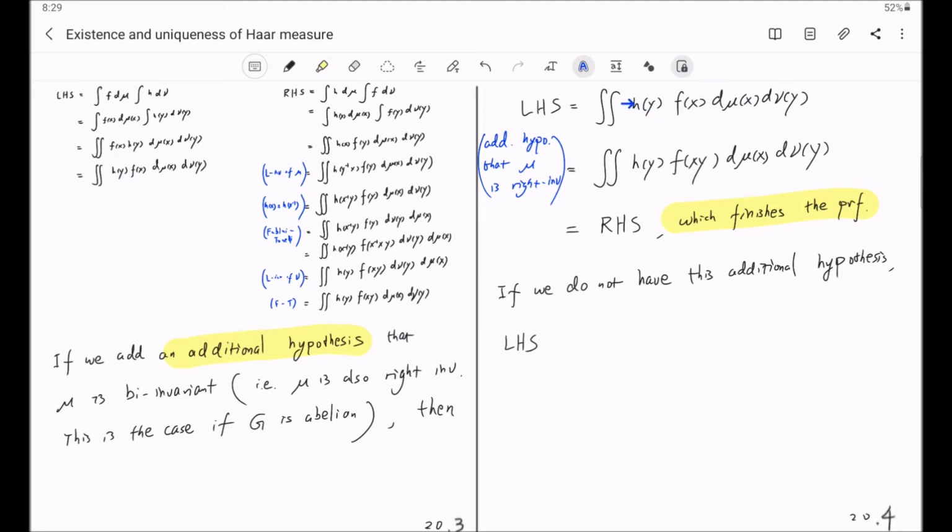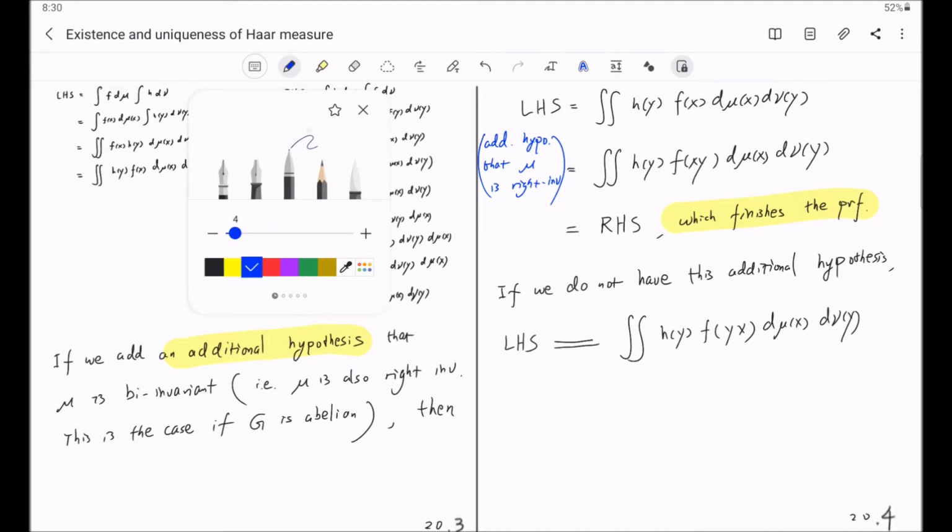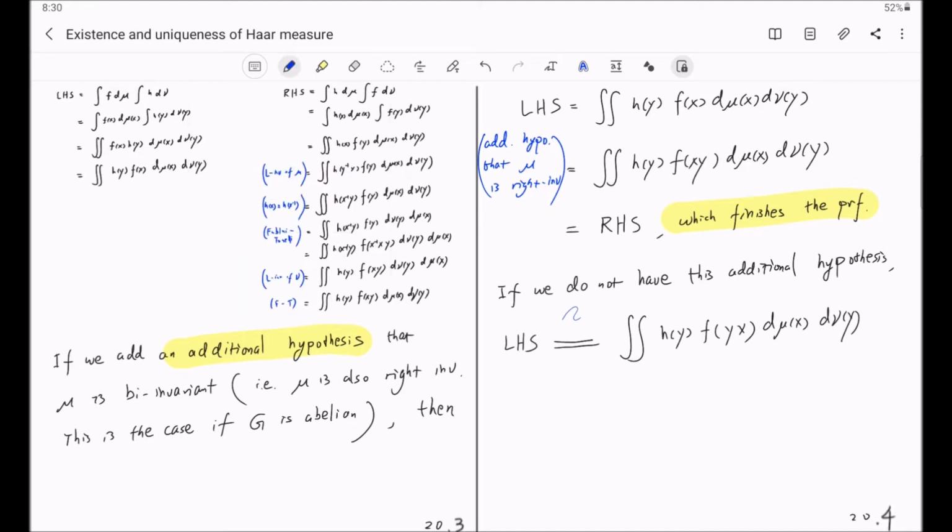Notice that the last line of the left-hand side, if we apply the left invariance of mu, which is already given in the hypothesis of this uniqueness theorem, we get here f of yx instead of xy. So this is by the fact that mu is left invariant.